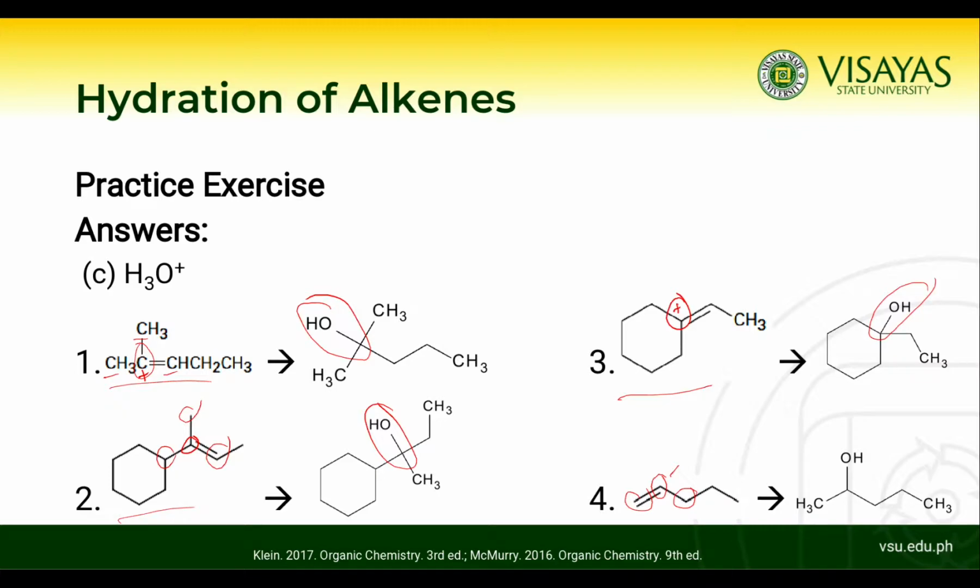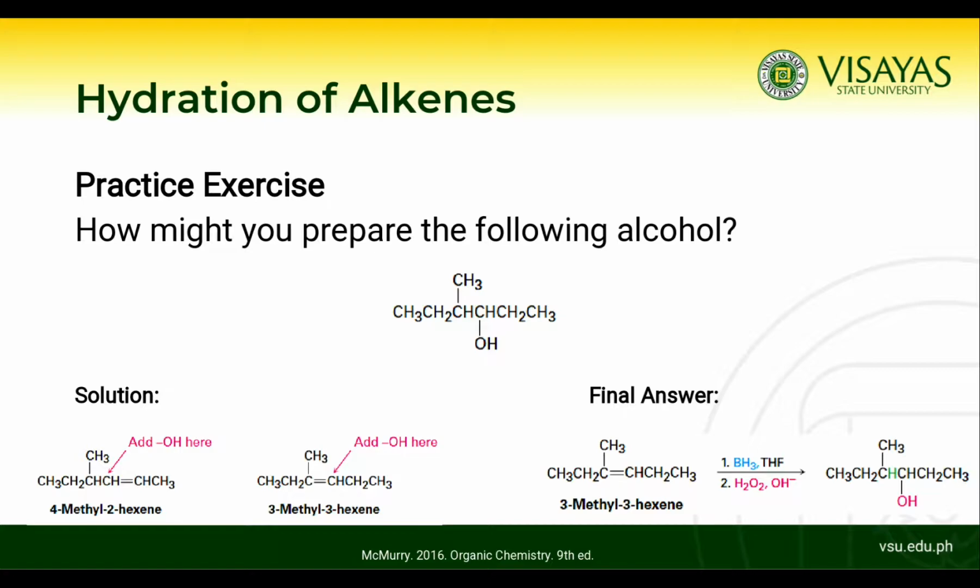So, in this case, the OH will just attach there. No? Okay. We cannot perform a methyl shift or hydride shift that would produce the most stable carbocation, from secondary to tertiary. It is not possible in this case. So, that is why the OH will also bond in that carbon. Okay, so that's for hydration of alkenes.